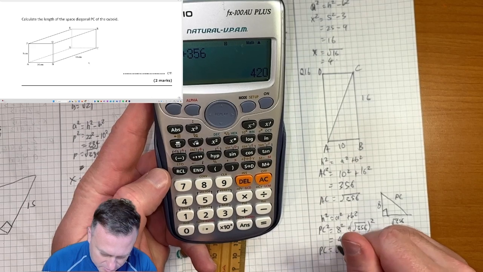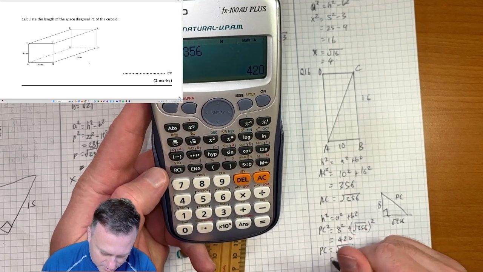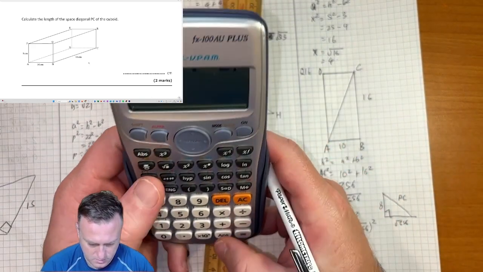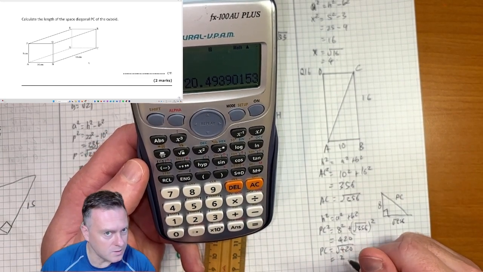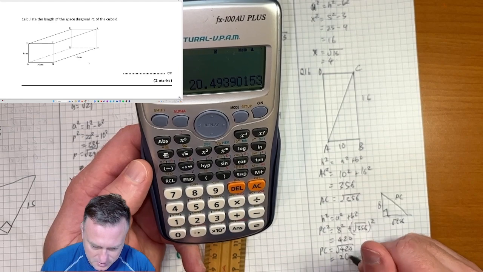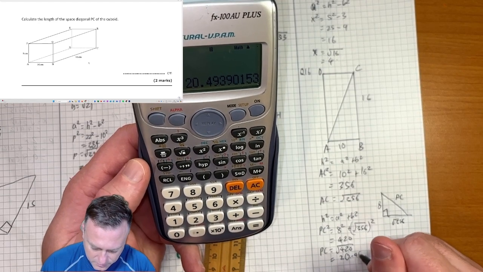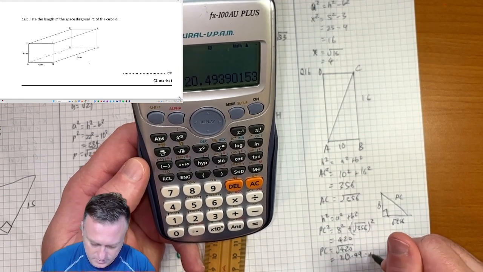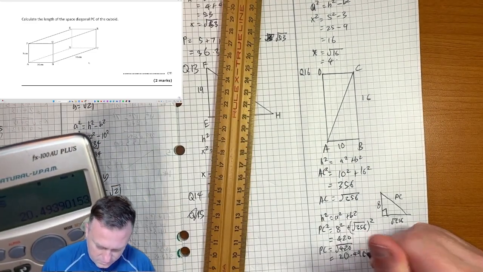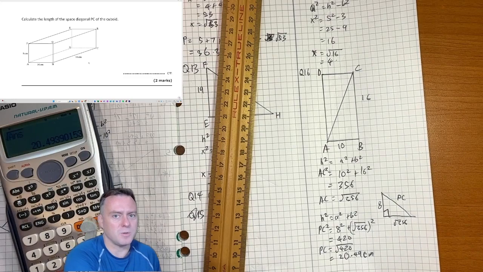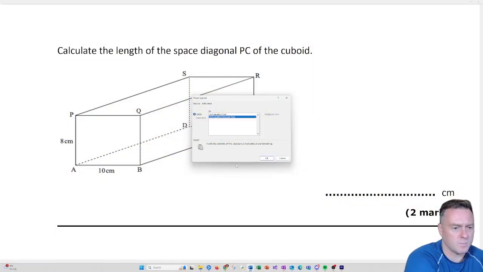Then PC equals the square root of 420, which gives us, it doesn't say how many, I'm going to do 2 decimal places, 20.49 centimeters. Cool. So that one was a little bit more of a multi-step question.